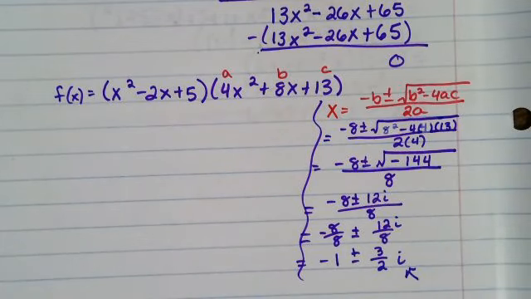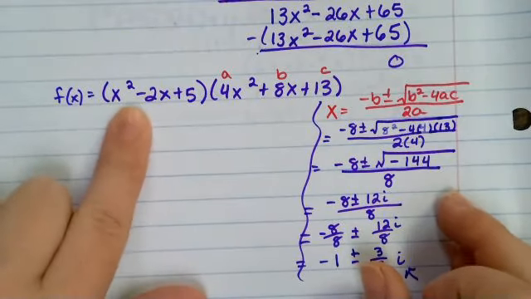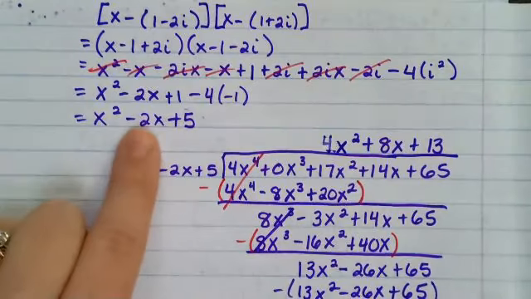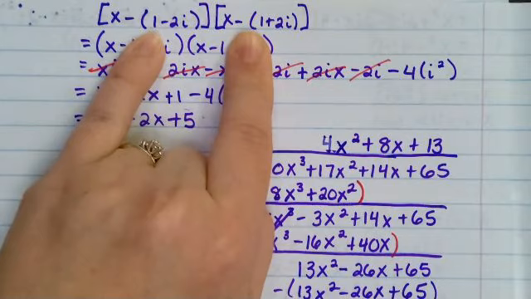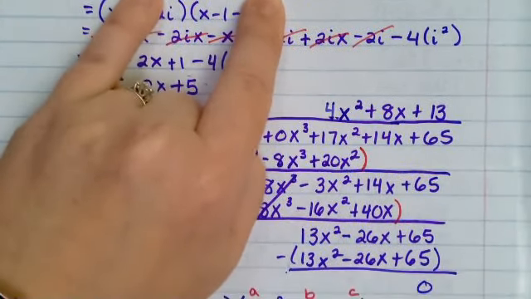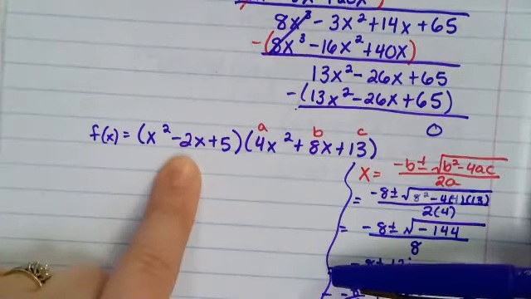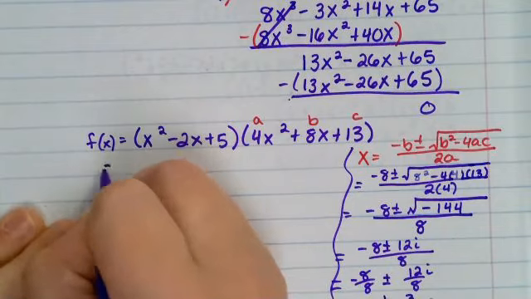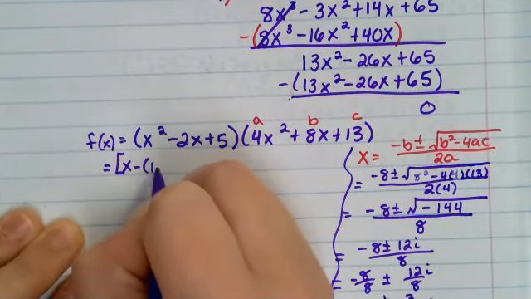We knew from the beginning, okay, this guy is what I got from multiplying these two out. So what I'm going to do is take these two, and we are going to replace this with those two because that is what it is factored all the way through. So I'm just copying it down from where it is higher on my paper.